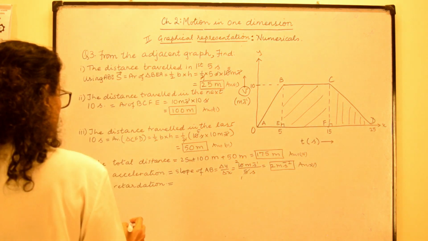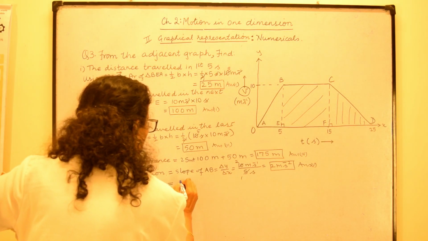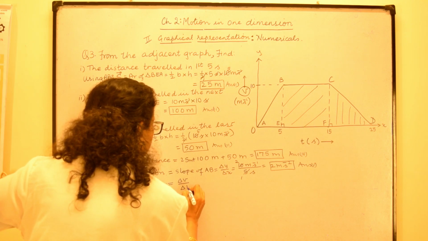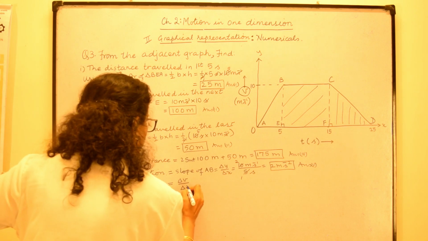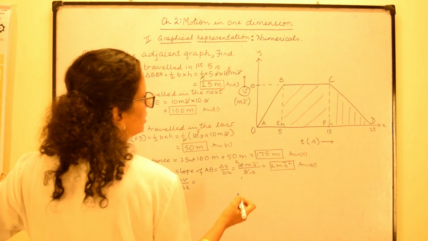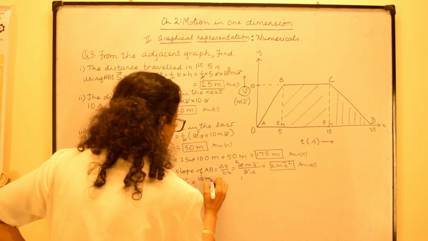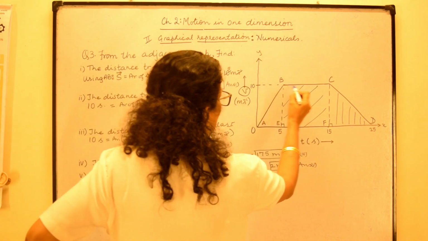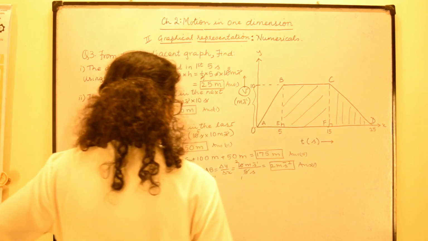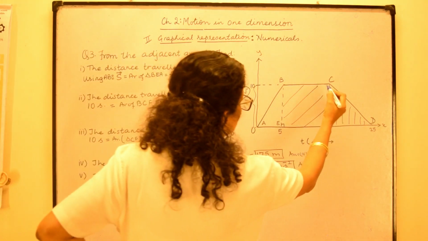So again we will take retardation. Retardation is going to be delta V upon delta T, because we have taken delta Y upon delta X. So that will give us 10 meter per second. From 10 up to here means this one will be our delta Y upon, how much is the time from C to D?